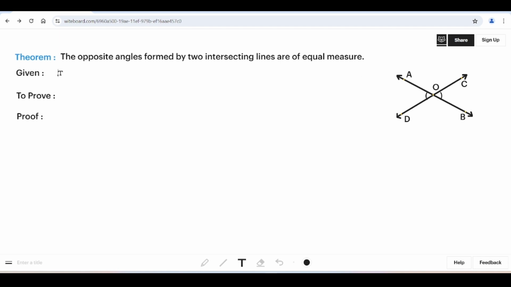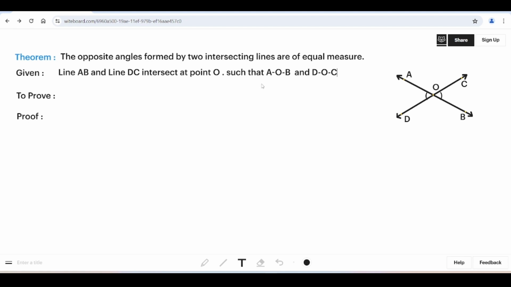So here we will have the given: line AB and line DC intersect at point O. But they intersect such that O is between A and B, and O is between D and C. This is called betweenness.